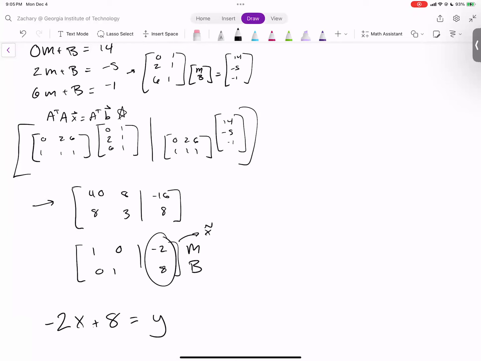We can't talk about eigenvalues because A isn't square. Even if A was square, it wouldn't be, because it's the input to get us closest to the output. It's not the closest output. Like, x tilde isn't y hat. It's the x to get us y hat. Does that kind of make sense?